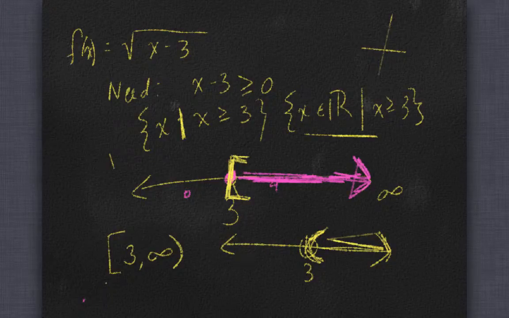So if I'm not including 3, it's a parentheses. So you see this shows me kind of missing the 3. This shows me grabbing the 3, and that's a way that you can remember which one to use.